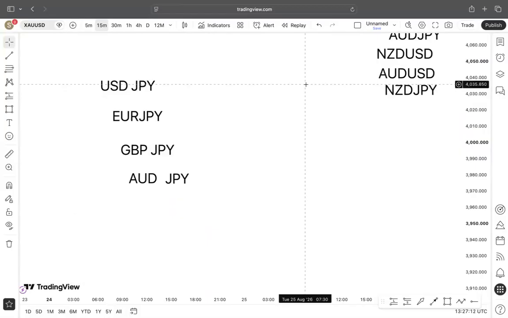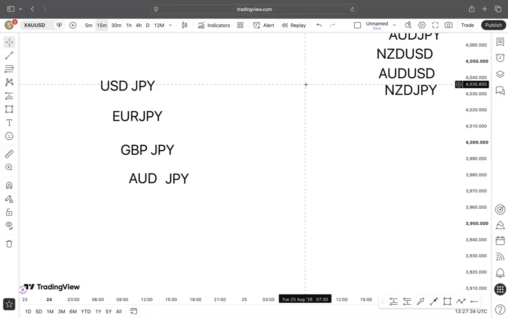The London session is the third major trading session and is one of the most active forex trading sessions. Remember I said for the Tokyo session and the Sydney session, trading activity is moderate. But the London session is one of the most active.